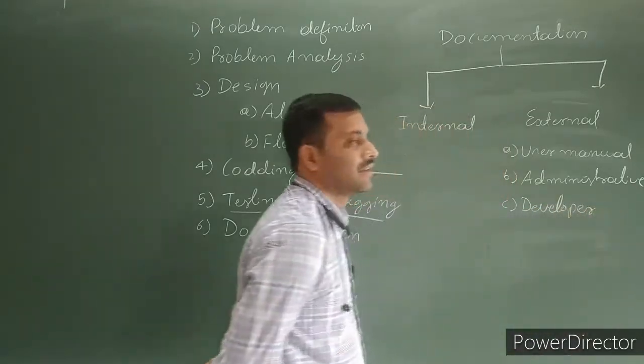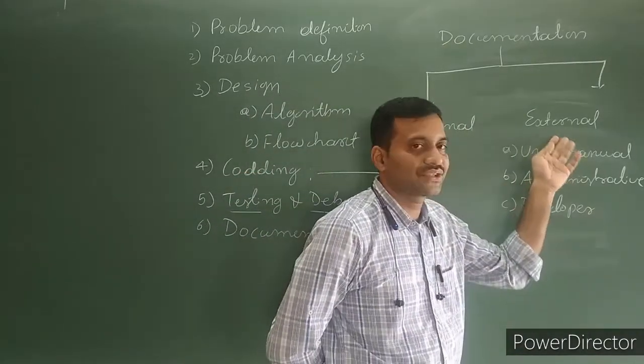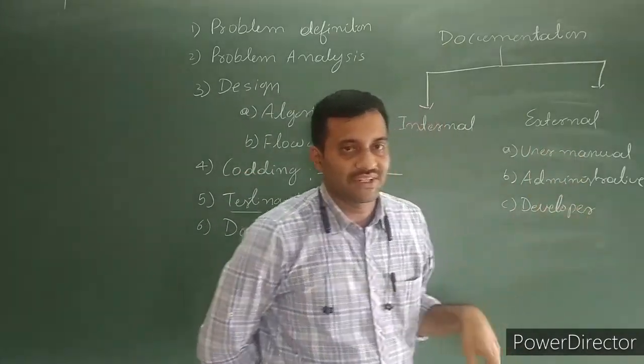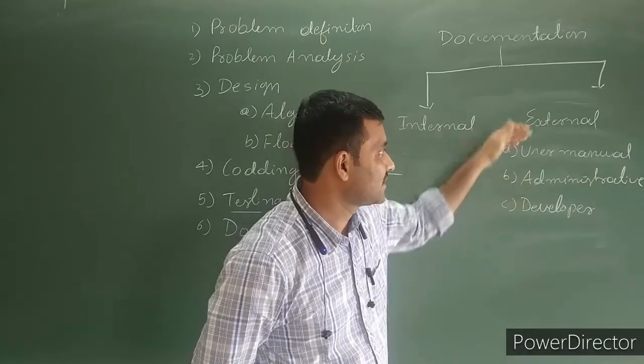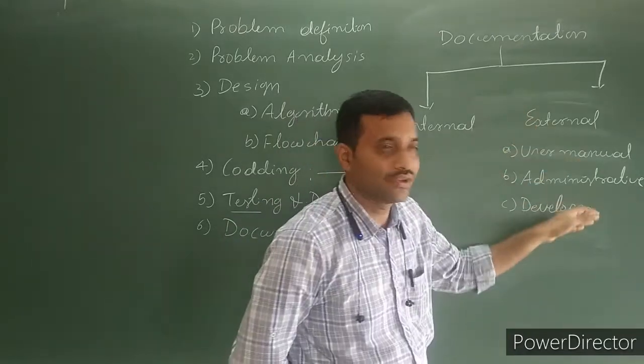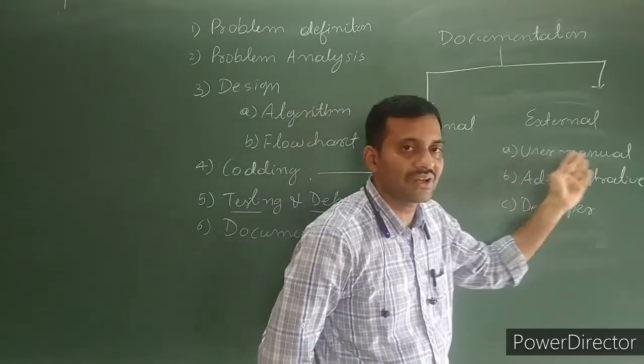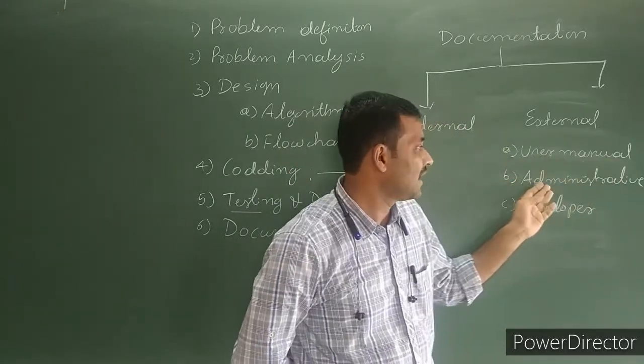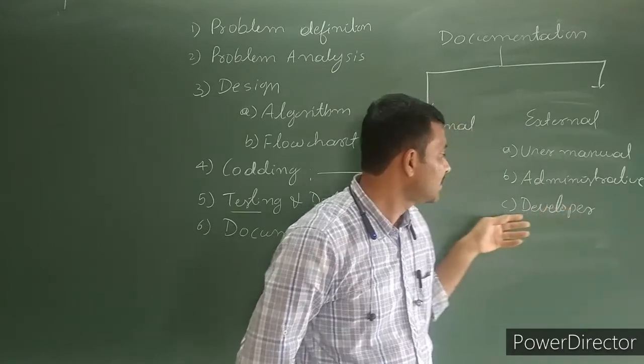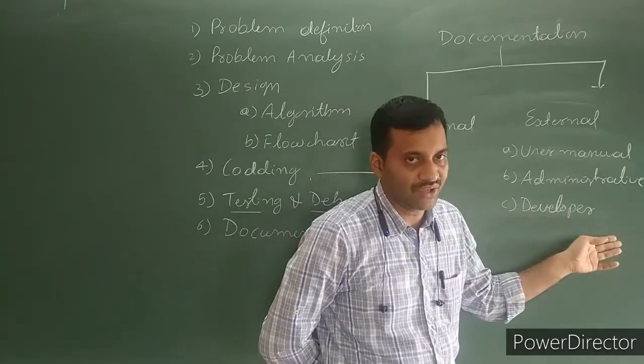The external documentation is a textual representation. So external documentation has manuals, and there are three types of manuals: the first one is the user manual, the second one is the administrative manual, and the third one is the developer manual.